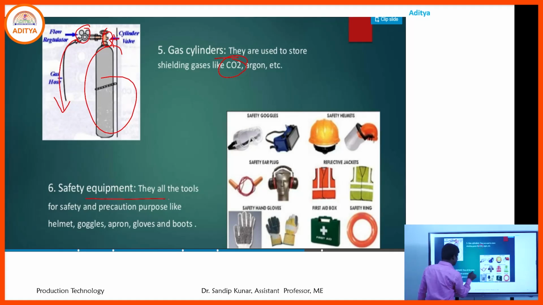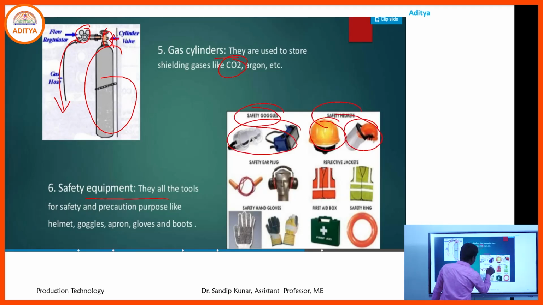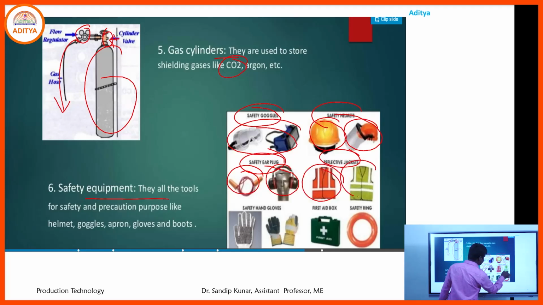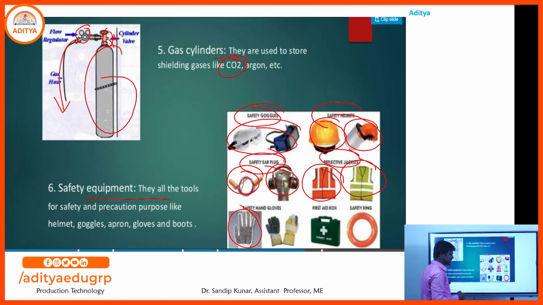Another is safety equipment. There are a number of safety equipment: safety goggles and safety helmets we use during welding time, and safety ear plugs, because sometimes very loud sound is created during welding. Also reflective jackets, because ultraviolet radiation is created during welding. We also use safety hand gloves, because the arc and globules generated may create health hazards if they come in contact with the human body.